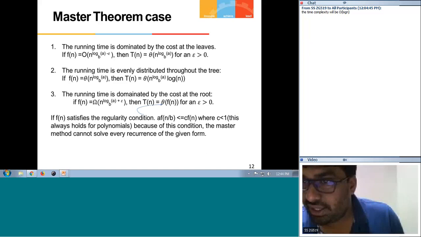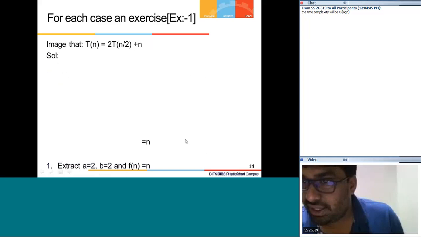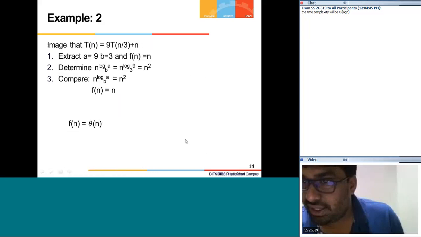None in the sense when the condition is case 3. Before case 3 applies, you should always check for the regularity condition. Regularity condition: a times f of n by b should always be smaller than some constant value multiplying your external function. If that holds true, then only case 3 will be implemented. Let's try to quickly solve the problem.